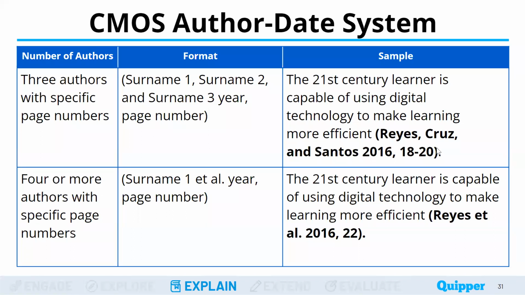If three authors, Reyes, Cruz, and Santos 2016, comma, yung page. And then kapag madami silang author, siguro more than 5 ata to, Reyes et al. 2016, 22.